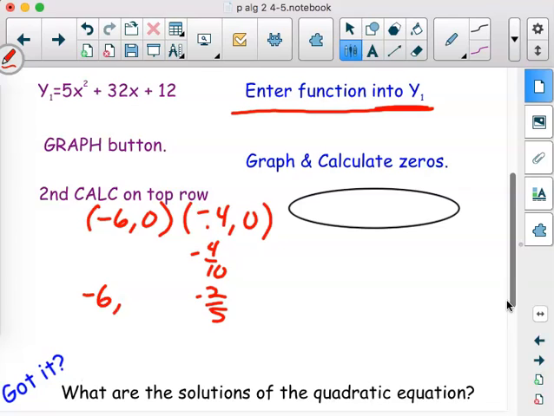So my zeros, looking their best, would be negative 6 and negative 2/5. Now yesterday we went through and found a lot of zeros, and all of them were either nice integers like our negative 6 or little fractions like negative 2/5. So that means this one was factorable. I could have done it without the graphing calculator.